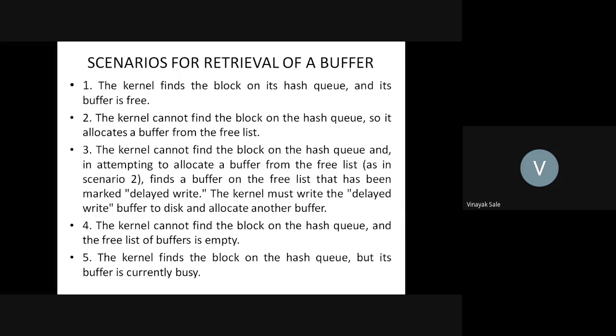Third, the kernel cannot find the block on the hash queue and attempts to allocate a buffer from the free list, as in scenario 2.